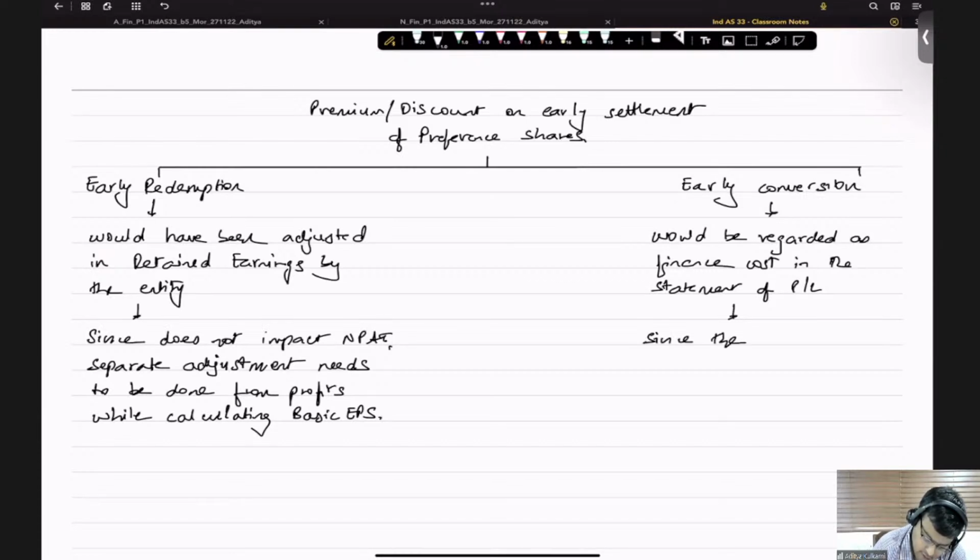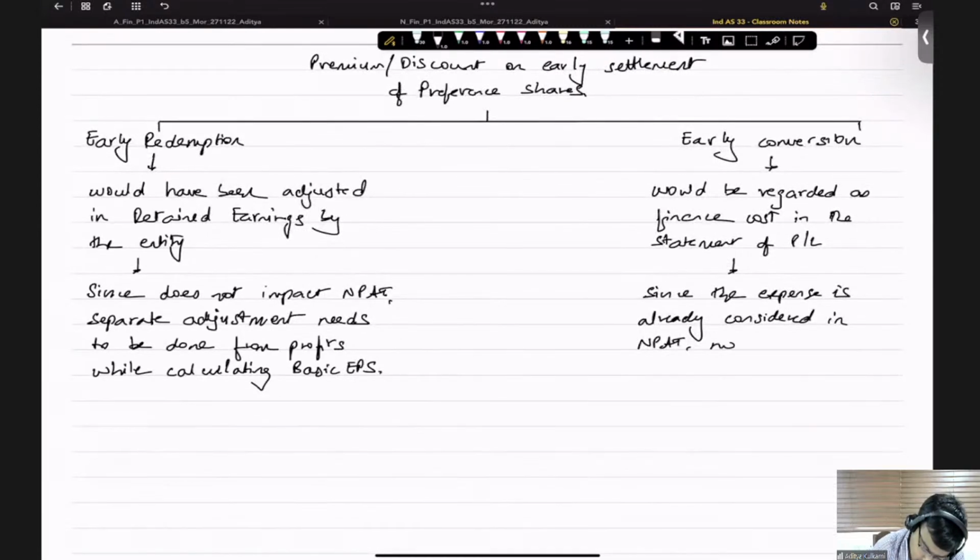Since the expense is already considered in net profit after tax, no further adjustment is required.